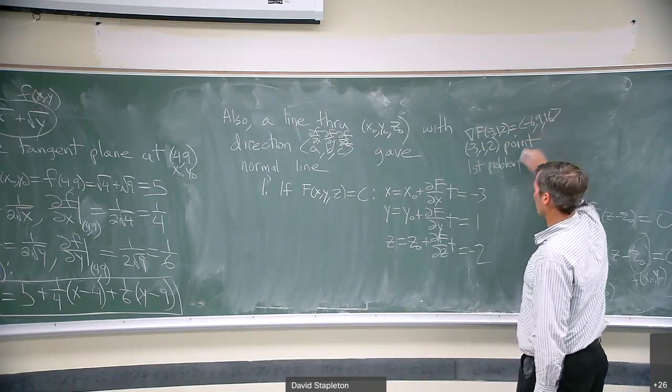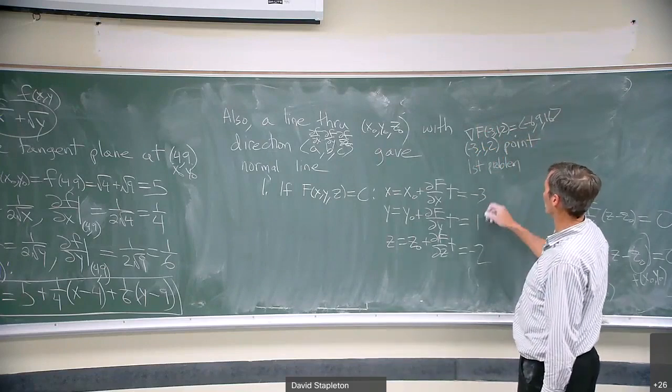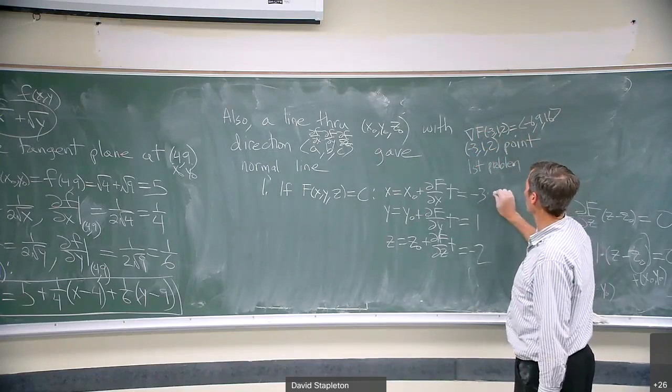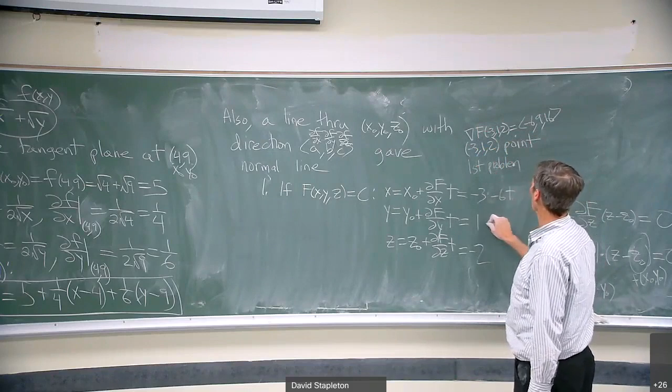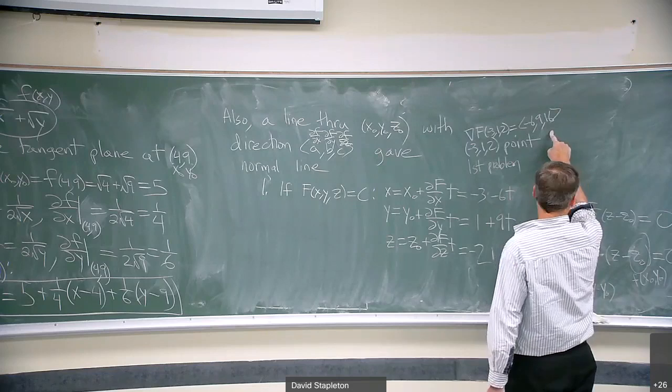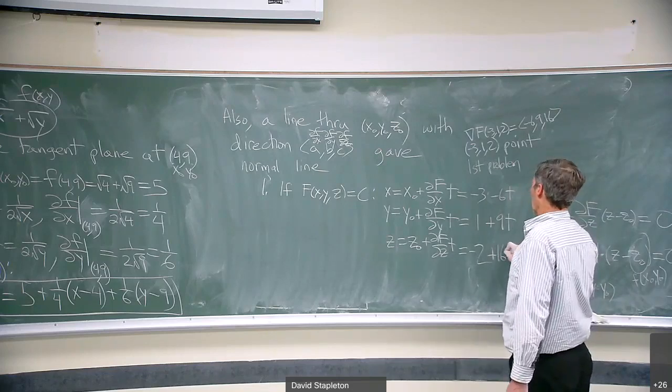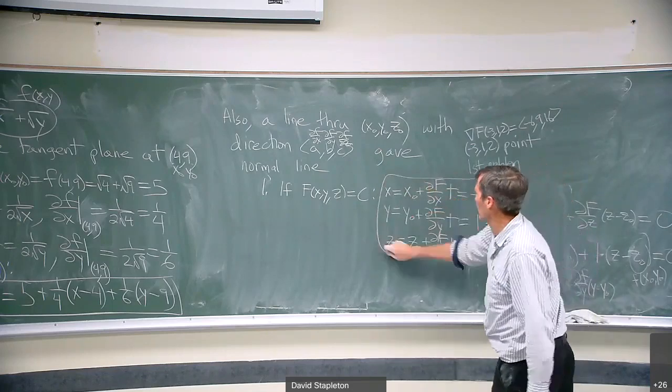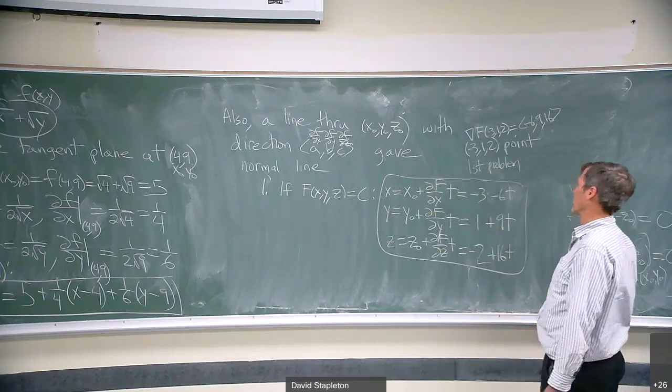So we just plug all those numbers in and we get minus 3 plus minus 6t, 1 plus 9t, and minus 2 plus 16t. There's the normal line for the first problem.